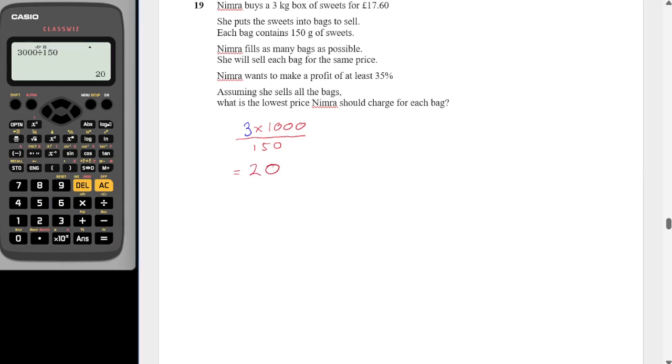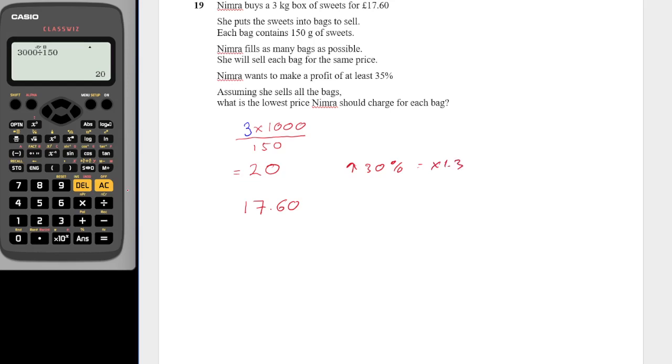She wants to make a 35% profit. So if I take the amount of money that she spent and I times that by, so a 30% profit. So we want an increase of 30%. So that's going to be a multiplier of 1.3.